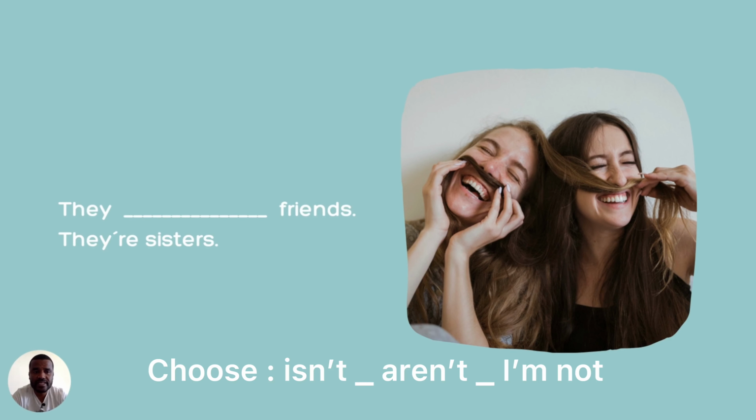We have: they friends. They are sisters. Here I need to use the negative form again. They are not friends, they are sisters.